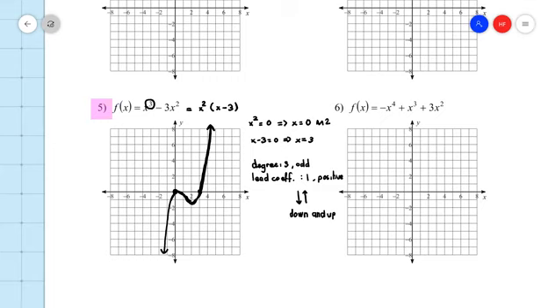So that means we have 2 turning points. And those turning points we can find right here and right here.